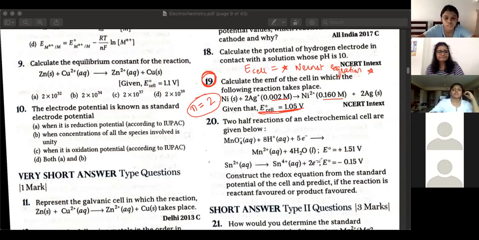Got it. No, Mitali got a different answer. It must be 100% a calculation error.